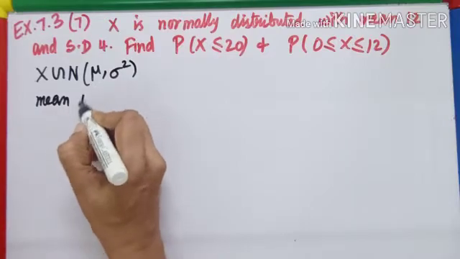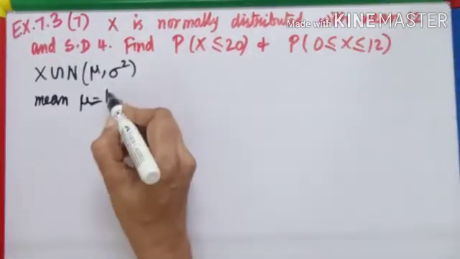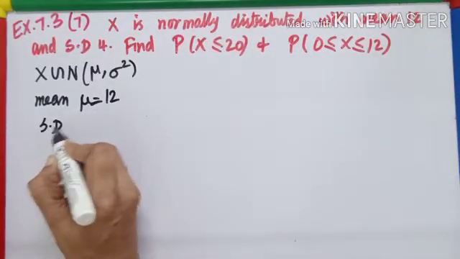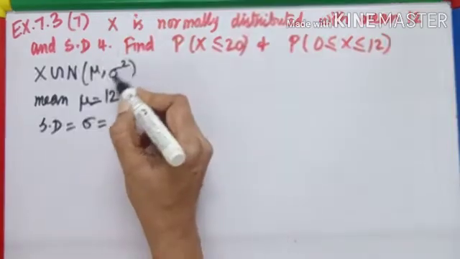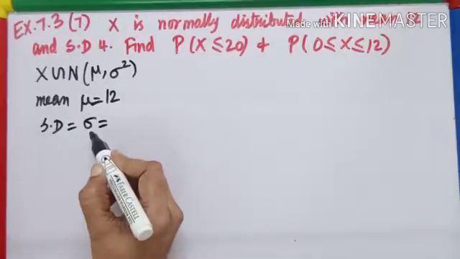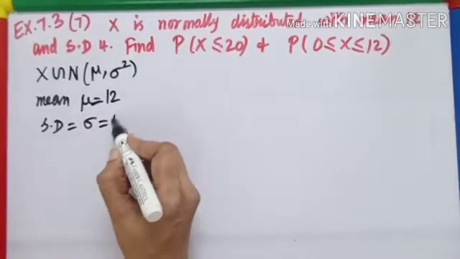Mean we call mu, that is 12. Standard deviation we call sigma. Sigma square is variance. Standard deviation sigma is identified from the question, that is 4.